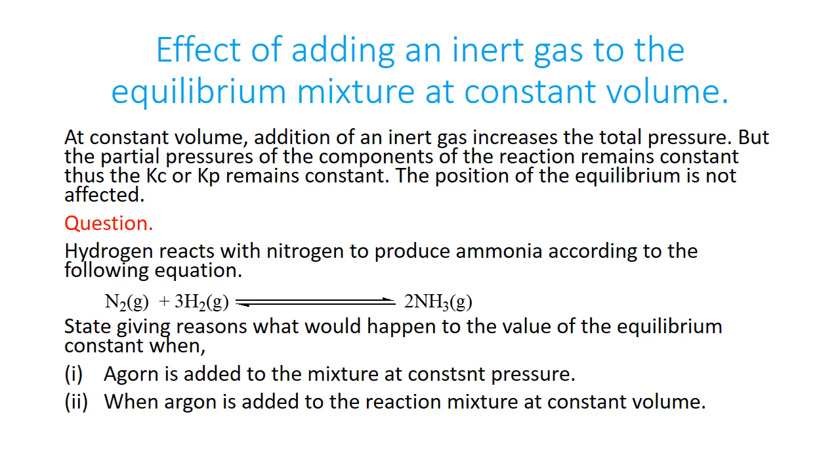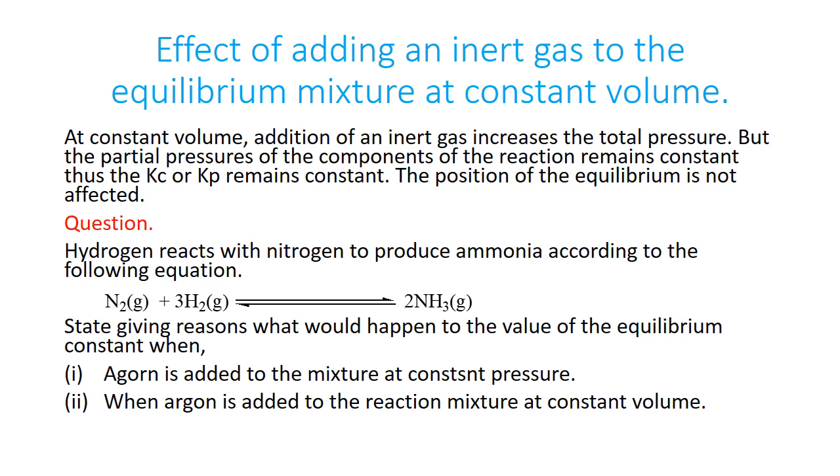Then lastly, we shall look at the effect of adding an inert gas to the equilibrium mixture at constant volume. At constant volume, addition of an inert gas increases the total pressure, but the partial pressures of the initial components of the reaction remain constant. Therefore, Kc and Kp remain constant, and the position of the equilibrium is not affected.